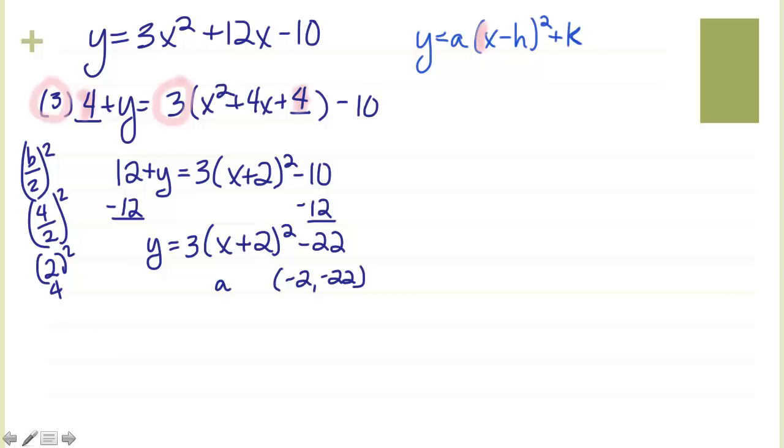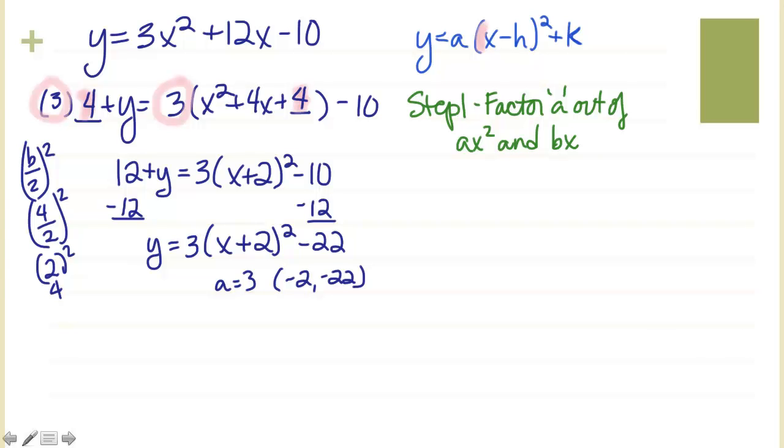And my a is 3, which we didn't have an a before, but just to remind you that that's there. Step 1, if we have an a, we need to factor a out of ax squared and bx, and put it on the left side also.